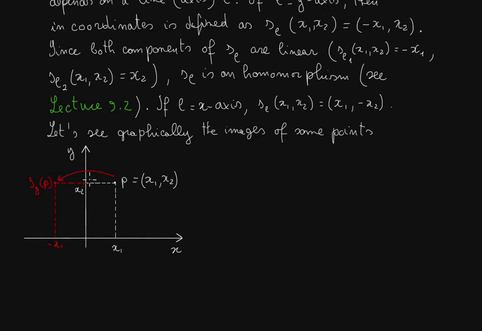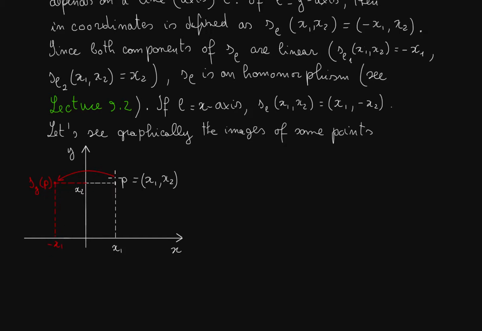We are looking at the axial symmetry about the y-axis, and you remember we just said before that about the y-axis it sends the first coordinate to its opposite, and the second coordinate is left unchanged. Therefore, if P has coordinates x1, x2, it will be sent to the point with coordinates negative x1 and x2.